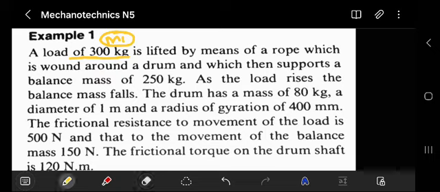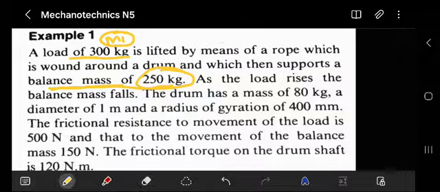It is lifted by means of the rope, which is wound around the drum, which then supports a balance mass of 250 kg. This is M2, the balance mass, or the counterweight.